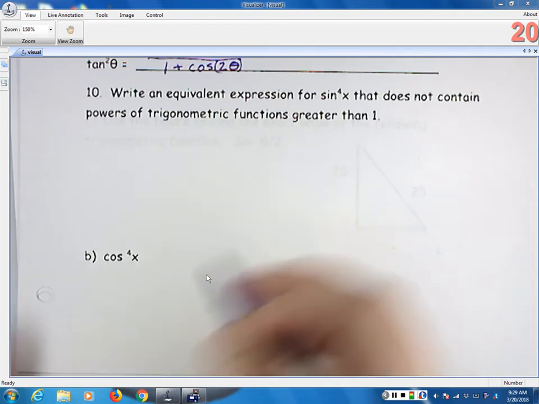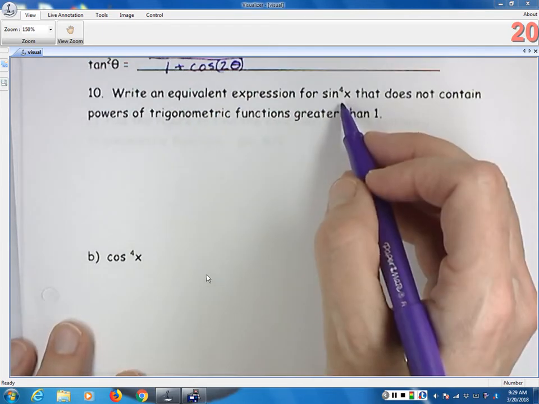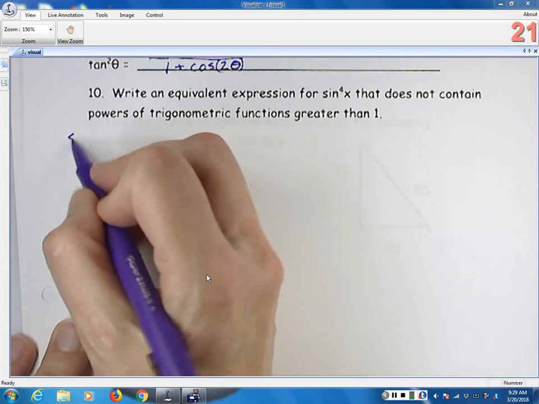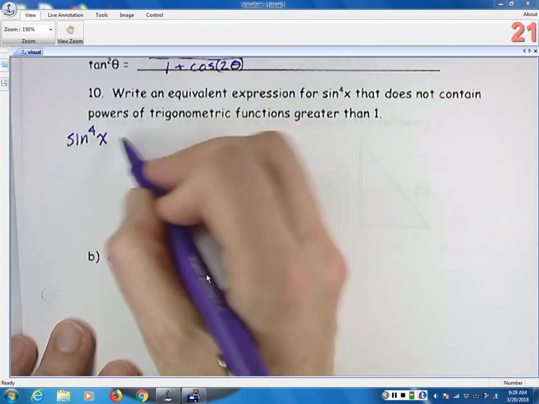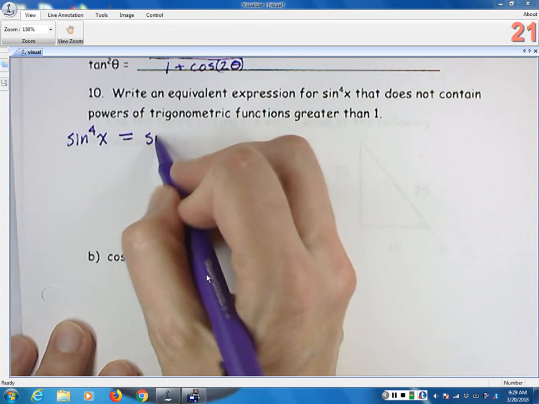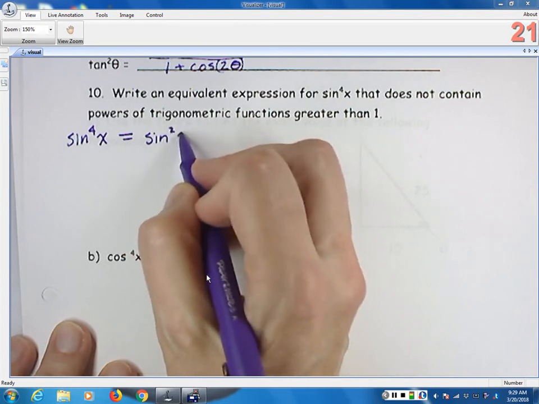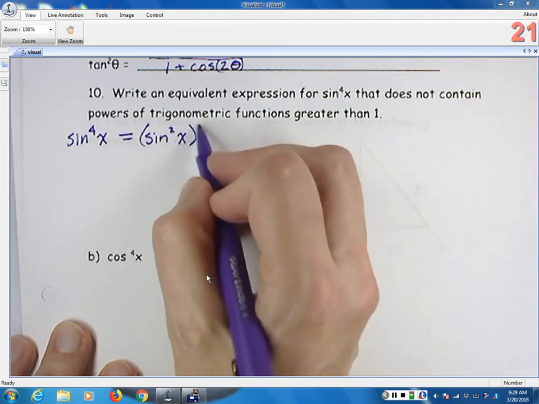So we're going to start. Sine to the fourth of x can be rewritten as sine squared of x, squared.